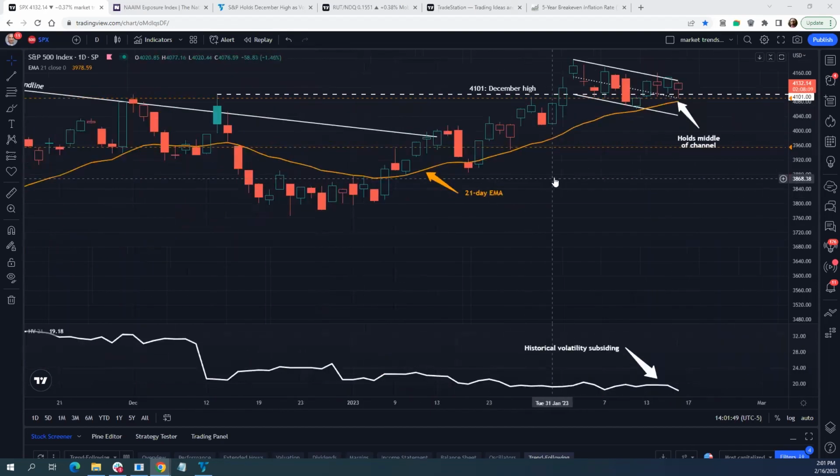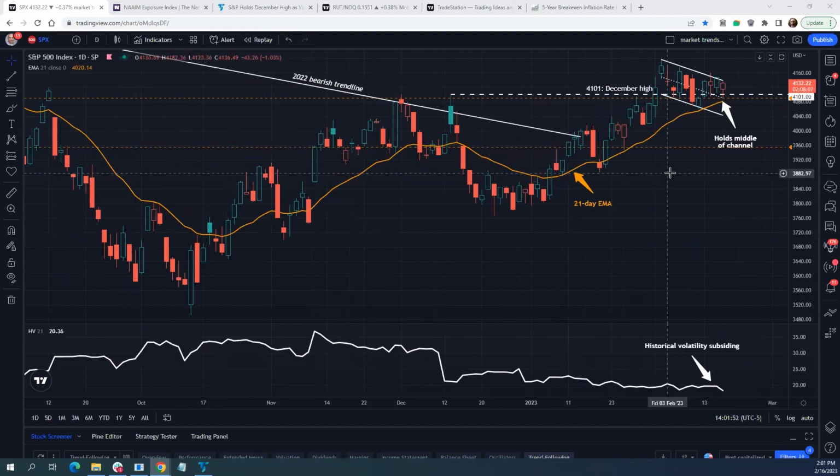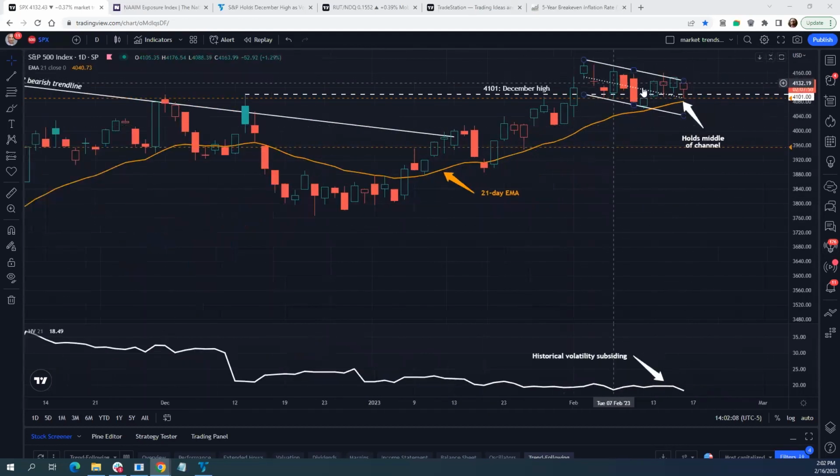If you look at the weekly, that was the key thing. First of all, the fact that 41.01, the high from last fourth quarter, and we stay above it. That's the first point. The second point is that we have this kind of channel coming down. And here what's interesting is this is how a bull flag breakout begins.